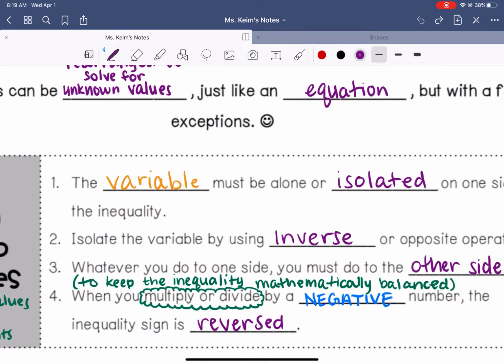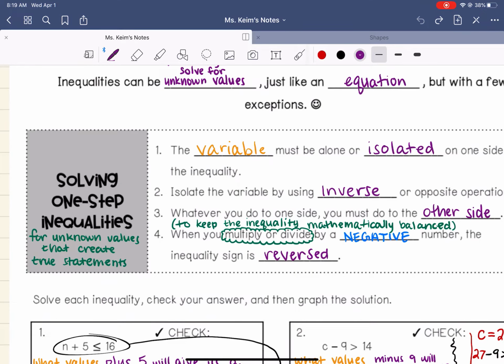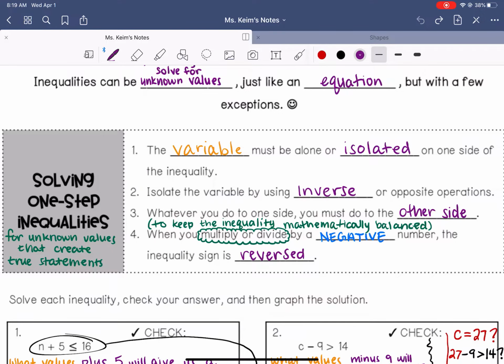Okay, so solving one-step inequalities. The variable must be alone or isolated on one side of the inequality. That part's still the same. Our goal is still to rearrange our inequality so that we can clearly see what range of solutions our variable represents. Okay, we want to isolate that variable using inverse or opposite operations.